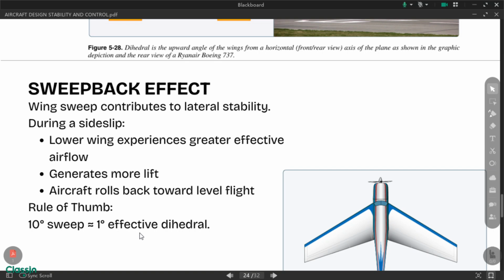So you can either do a dihedral wing with 1 degree or a swept back wing with 10 degrees. They would create the same lift difference during side slip. So this is one of the reasons why swept wing aircraft can achieve adequate lateral stability without requiring large physical dihedral angles. Kasi again, they have the same effect, especially on side slips.